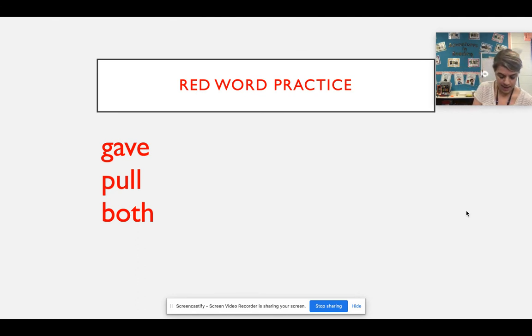Our next word is both. B-O-T-H, both. Good job. And our last word for today is goes.